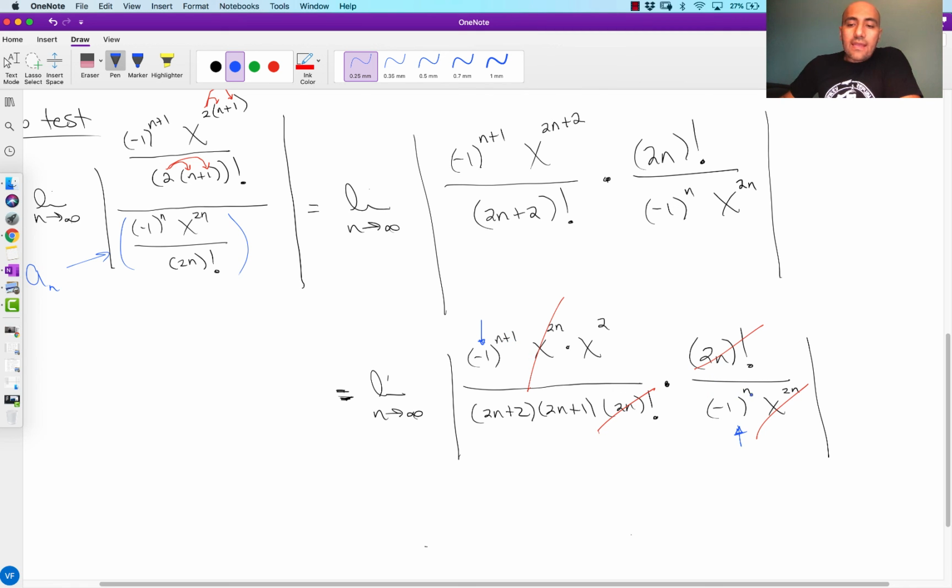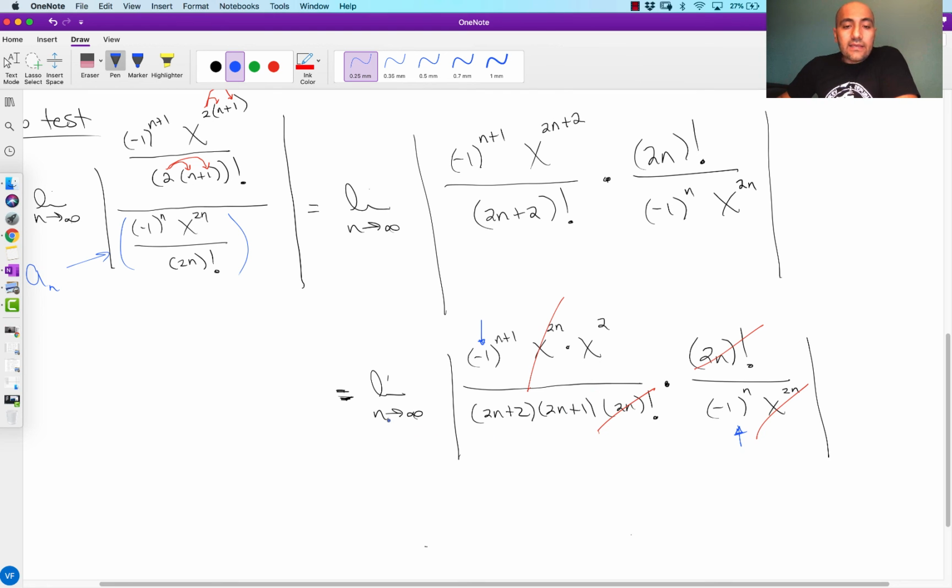So if n is even, that means this one's going to be odd. And when n is odd, that means this one's going to be even. They're always off, which means that the division of this divided by this is always equal to negative 1. And it's inside the absolute values, so that just simplifies to positive 1. Okay, so we're just going to ignore those moving forward once I pull it out of the absolute value.